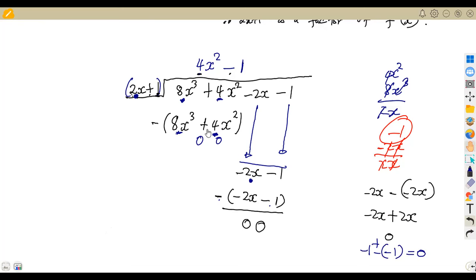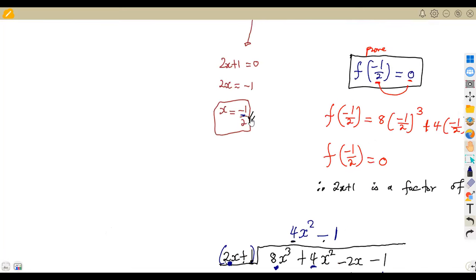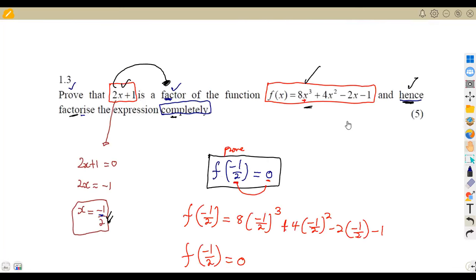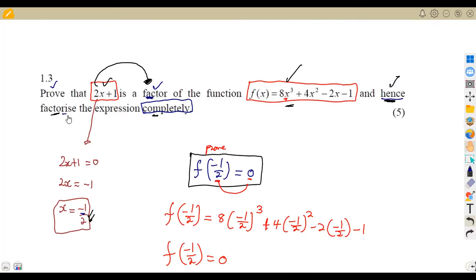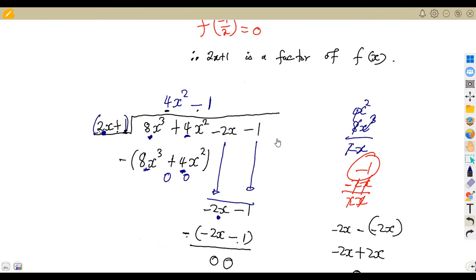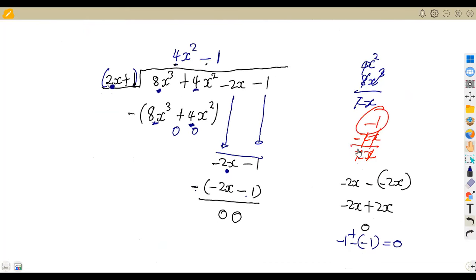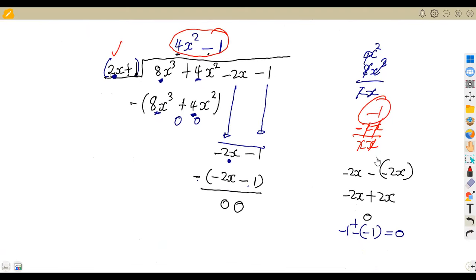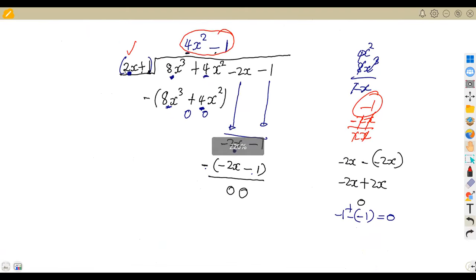So our question was to factorize. Take note, the question is hence factorize. The part that was dividing and what we got here together give us f of x, the product of these two.